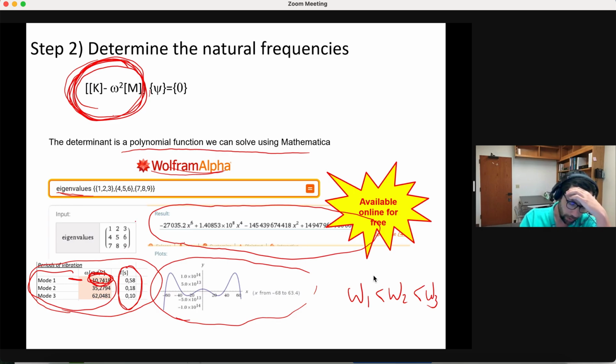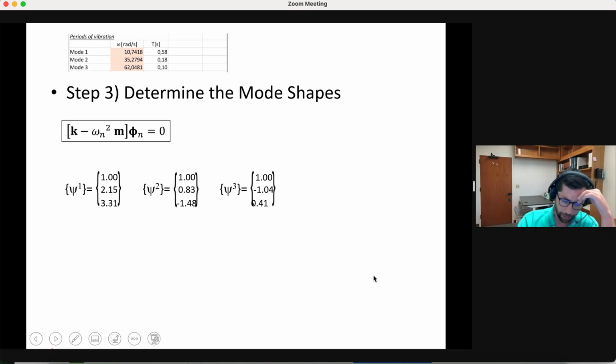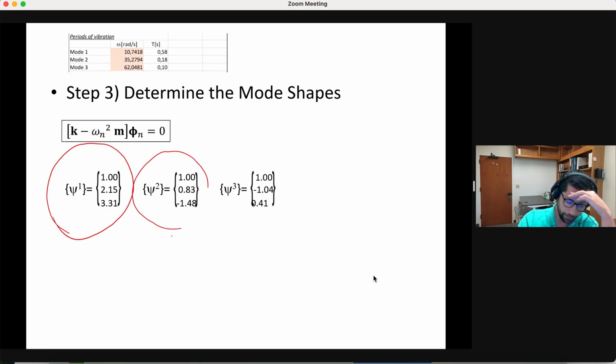What you can do is start from mode 1 to obtain the first mode shape of the system. You need to plug this value into this system of equations to obtain phi 1, the first mode of vibration of the system. If you perform this procedure for the different mode shapes, this is the result that you will obtain.